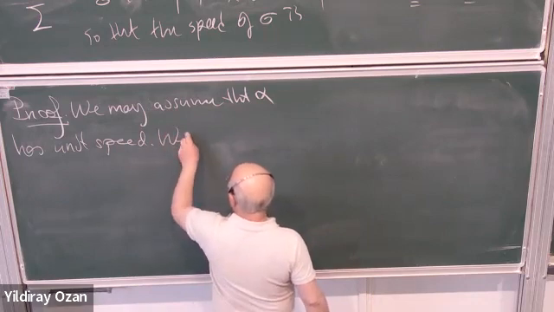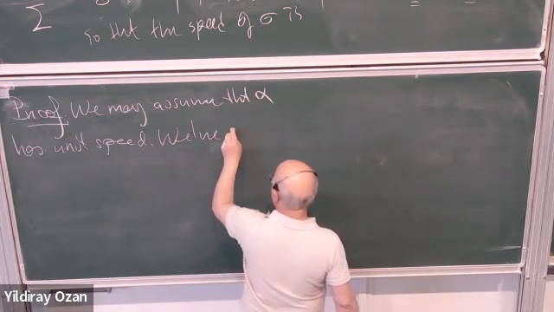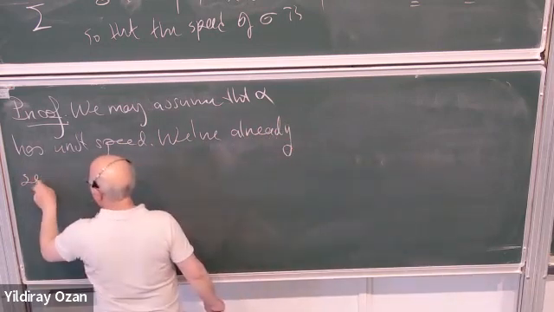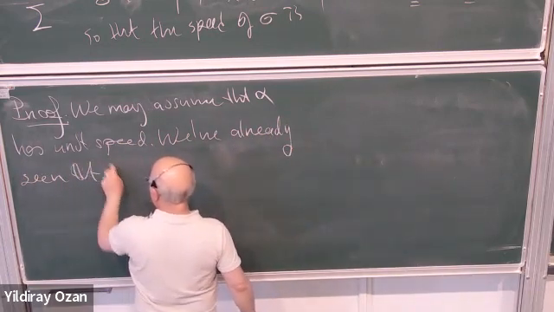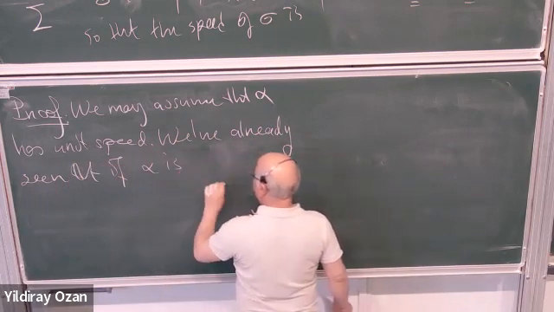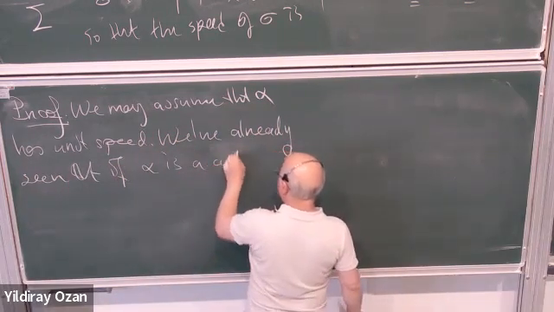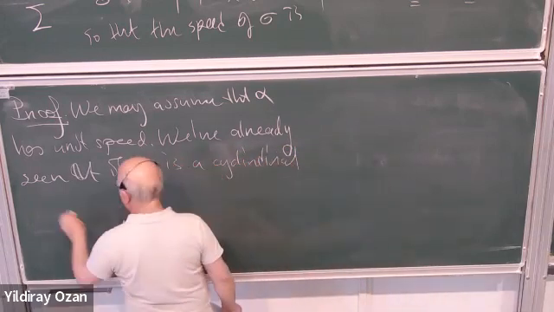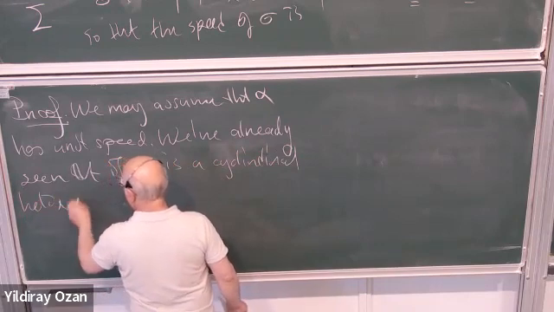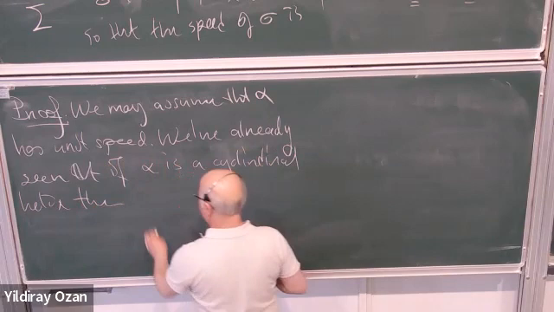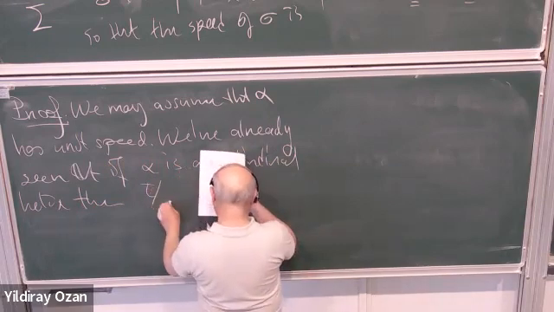We have already seen if alpha is a cylindrical helix, then tau over kappa is constant.